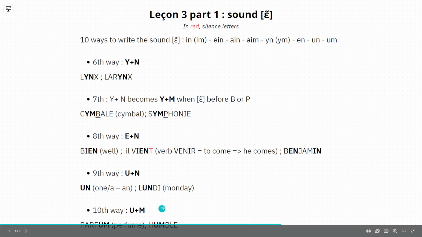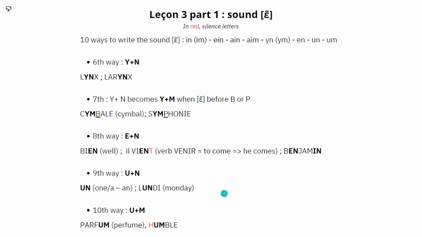And the 10th way is U plus M. In parfum, UM, or humble. Okay, there's a U and a M, U plus M, humble. Okay, this is it with the sound un.